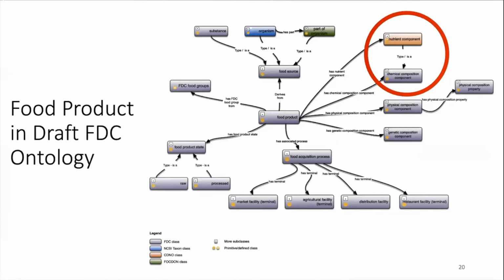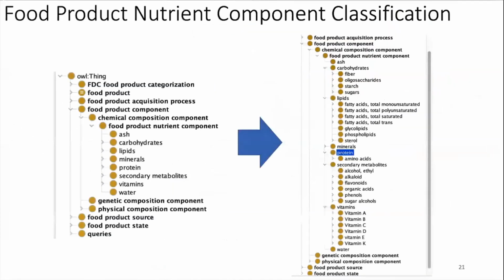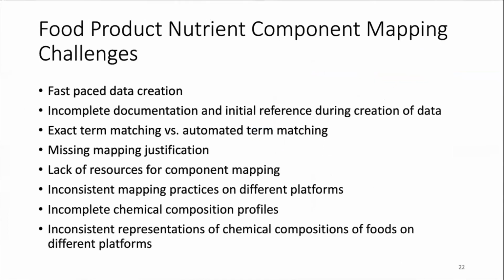As I mentioned previously, one of the exercises we went through at FTC was to classify the 430 plus nutrients we are focusing on, and we did add that condensed set of nutrient components to our ontology. We followed this task by adding cross-references of these composition components to PubChem.